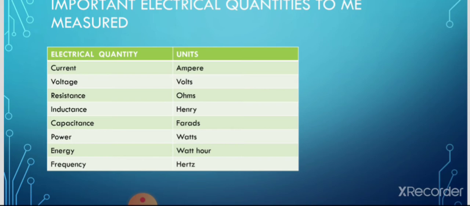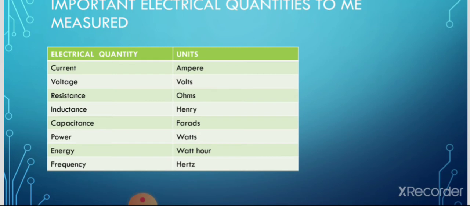The next one is capacitance. Capacitance is denoted with capital C, which stores energy in electric form, and its units are farads. The meters which can be used to measure capacitance are the capacitance meter or LCR meter. Power's units are watts, and the instrument used is the wattmeter.